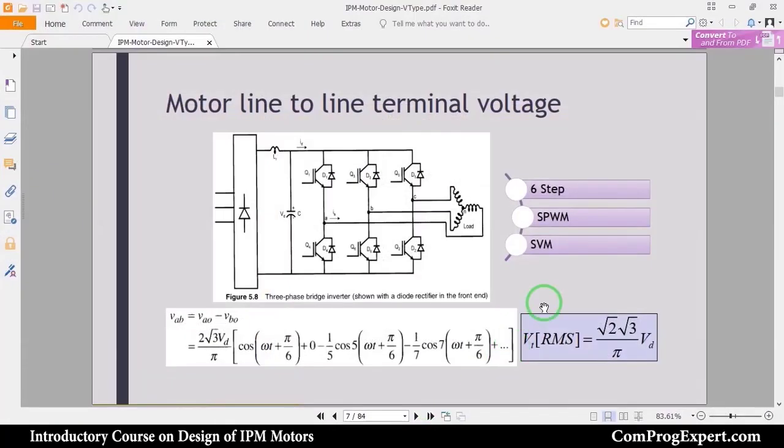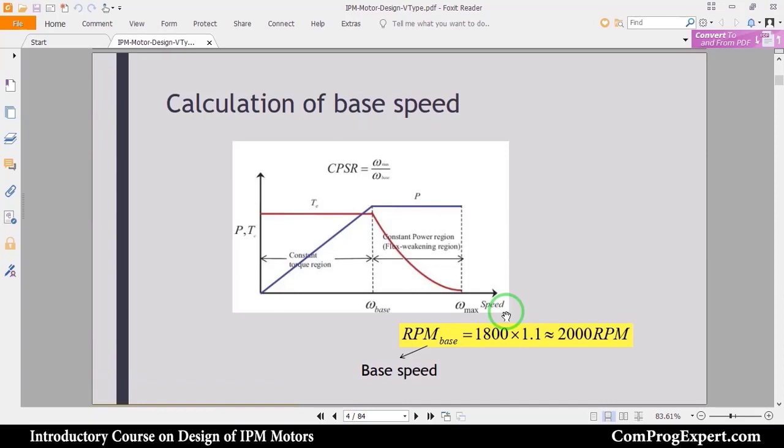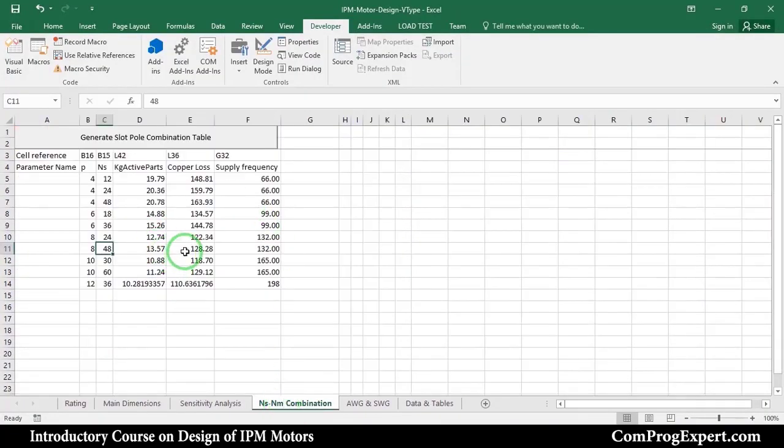Okay, let's conclude this episode. I explained the base speed, and we had a short explanation on the number of poles and the number of stator slots, and we will investigate the slot pole combination in detail in the next videos, by adding other columns in this Excel sheet and analyzing the numbers, considering multi-objective functions.